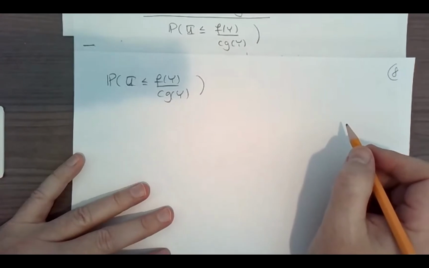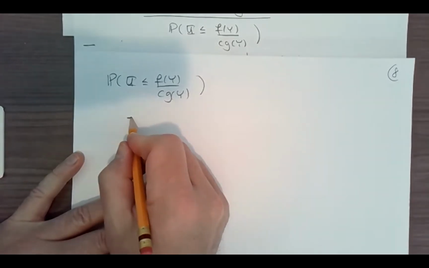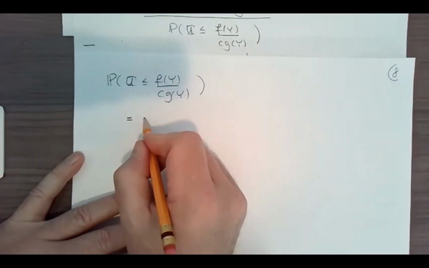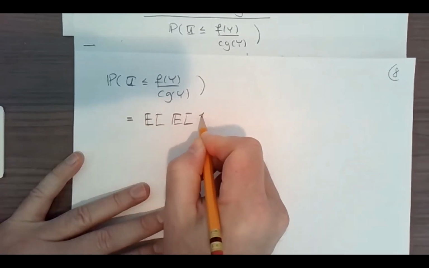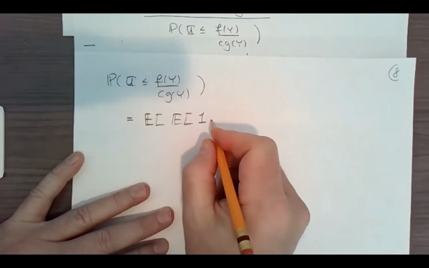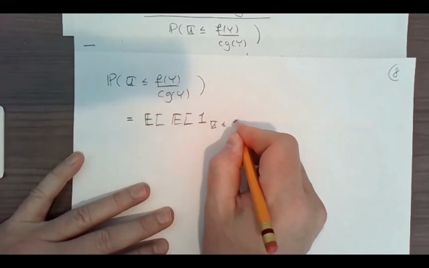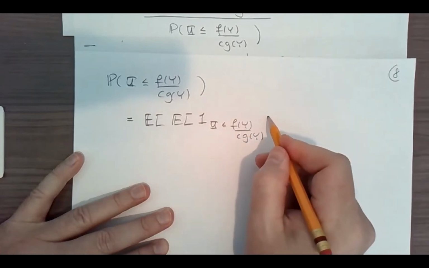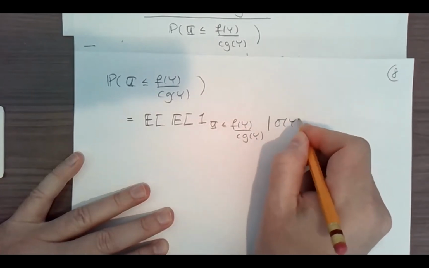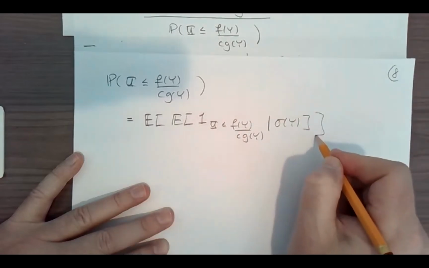So we will use the same tools as before. We will use conditioning and then take the expectation. So the probability of a set is equal to the indicator that U is less than f of Y divided by c g of Y. And then condition on Y, and take the expectation.